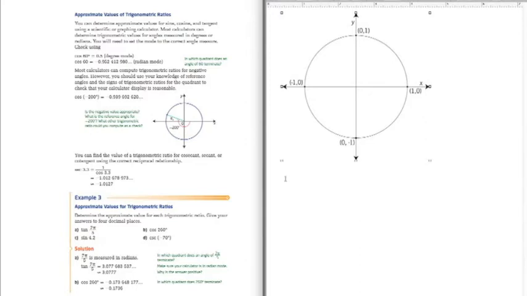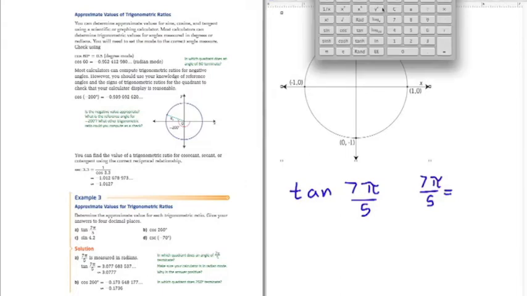So tan of 7 pi over 5. First things first, we need to figure out what's 7 pi over 5. Just like we were doing before, I need to find my pi value on my calculator. Mine's here, yours will be somewhere else.